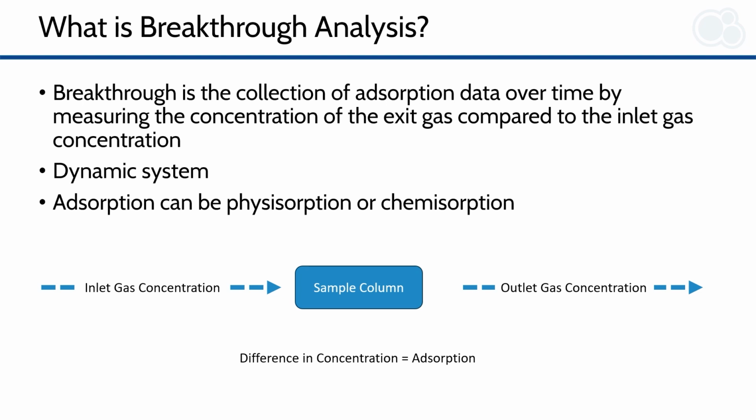Then a mass spectrometer or other device measures the outlet concentration, and the inlet concentration is known. The outlet concentration is what you're determining, and the difference in concentration of your adsorbing species is the result of adsorption in the sample column.